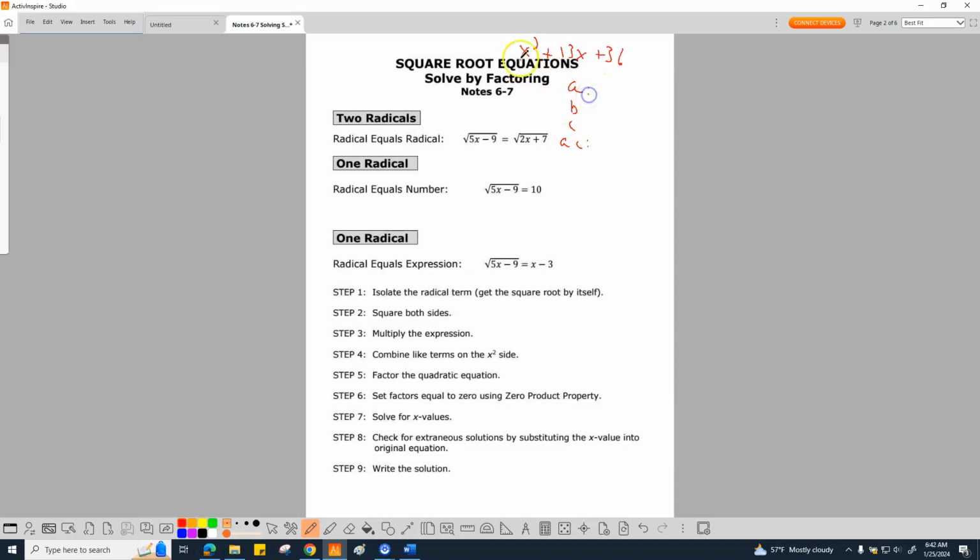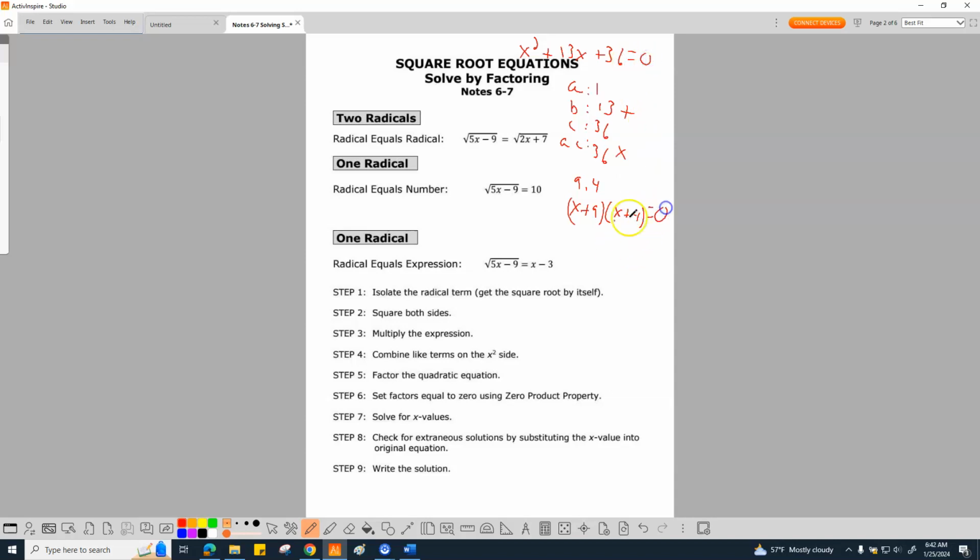A is 1, B is 13, C is 36, and AC is 36. So you'd have to find what multiplies to 36 and adds to 13. In this case, you'd end up with a 9 and a 4 as your factors, and you'd end up with x plus 9, x plus 4. Again, not a great example, but just showing you that.